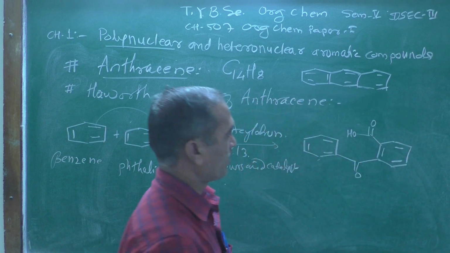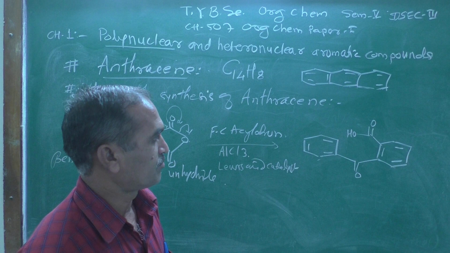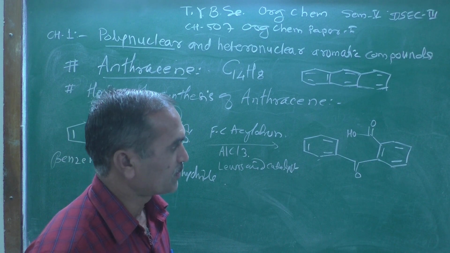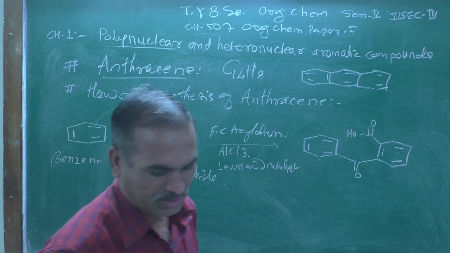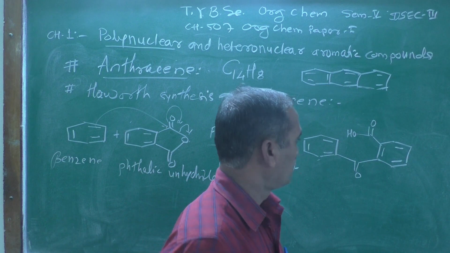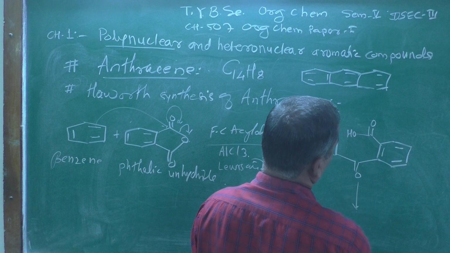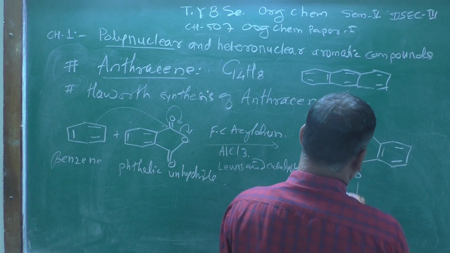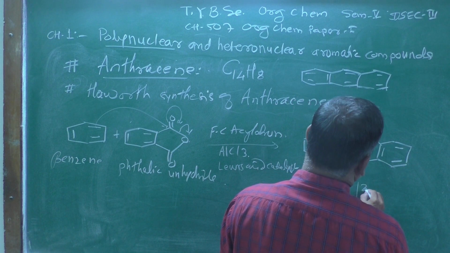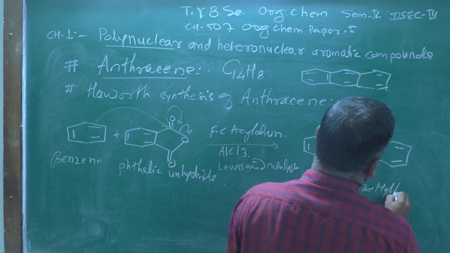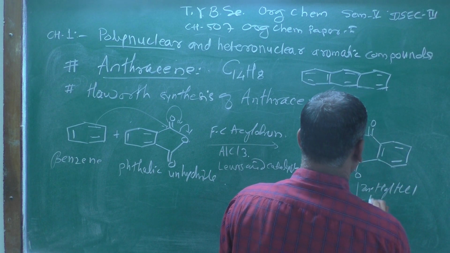This is the compound which we are going to get over here, and after that you can use Zn Hg in the presence of HCl, which is a Clemmensen reduction.